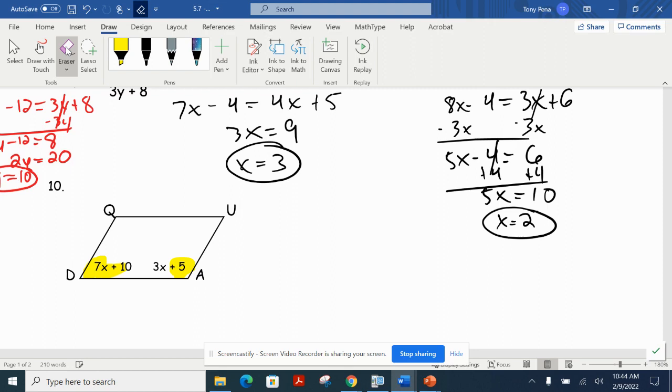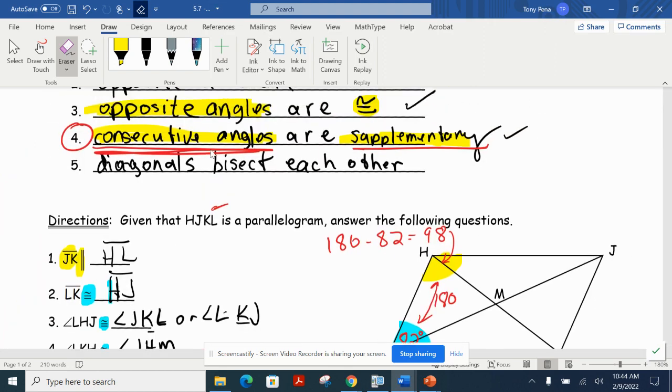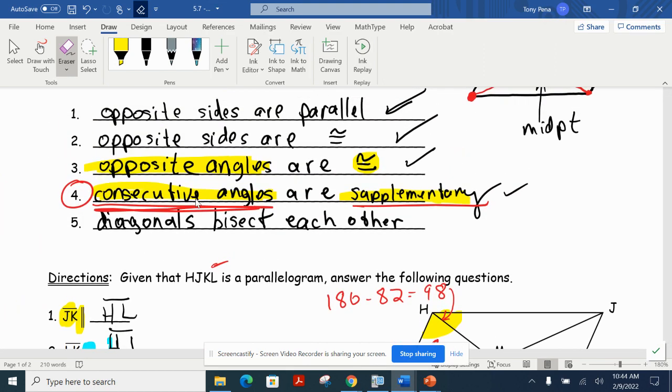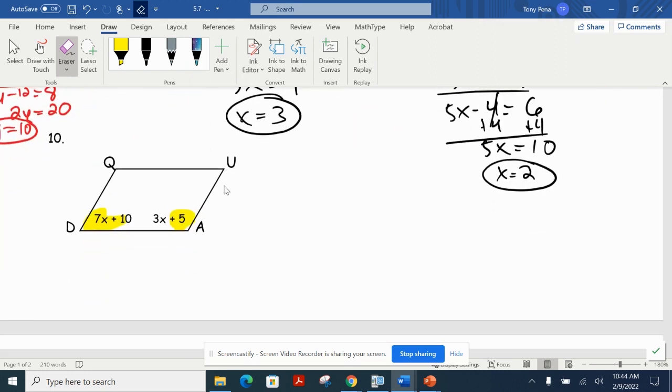These are what we are referring to, because this is somewhat of a new phrase, consecutive angles. They're right next to each other. Consecutive angles, we said, are supplementary. So you're adding those now, and supplementary means when we add them, they have to add up to 180 degrees. So keep opposite and supplementary angles straight.